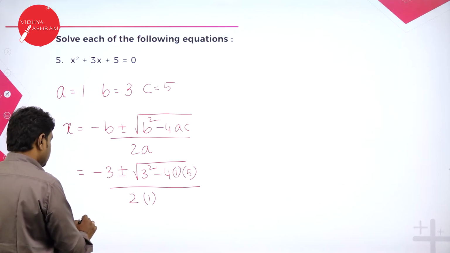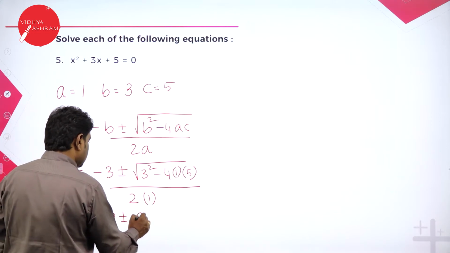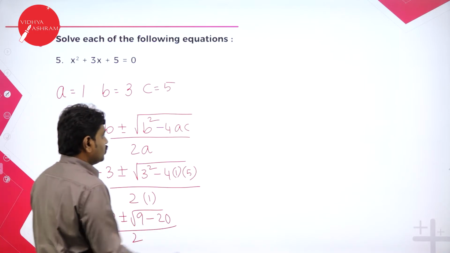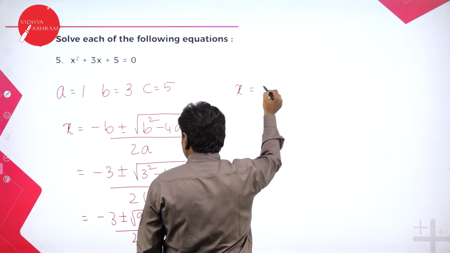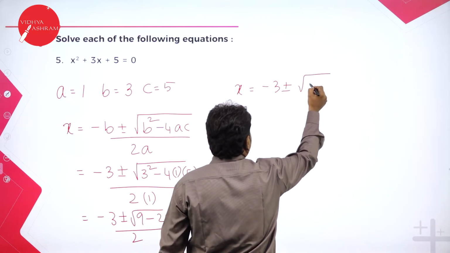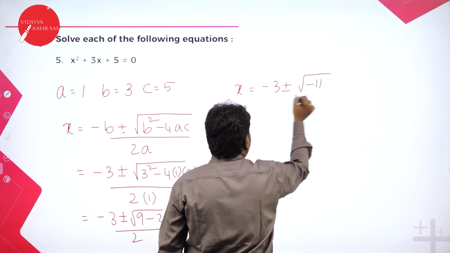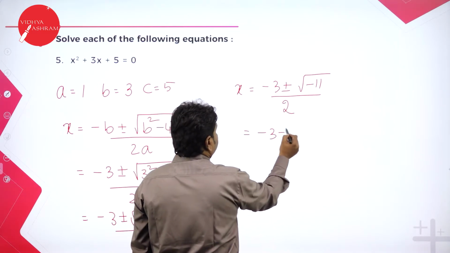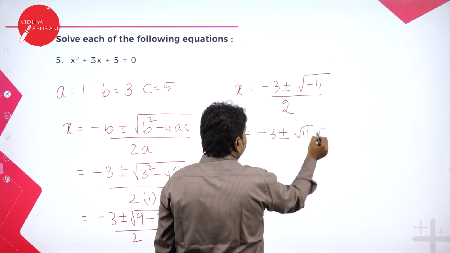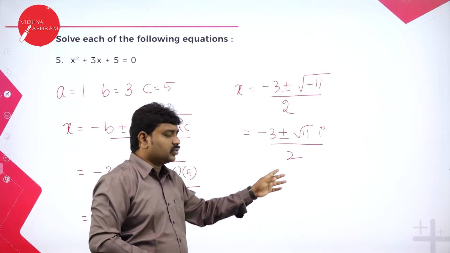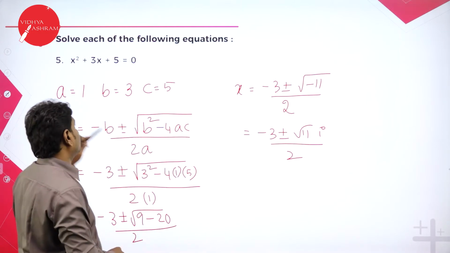So x is equal to minus 3 plus or minus root of 9 minus 20 divided by 2. So x is equal to minus 3 plus or minus root of minus 11 divided by 2. That is minus 3 plus or minus root 11i divided by 2. Split them as two roots. Minus 3 plus root 11i by 2, minus 3 minus root 11i by 2.